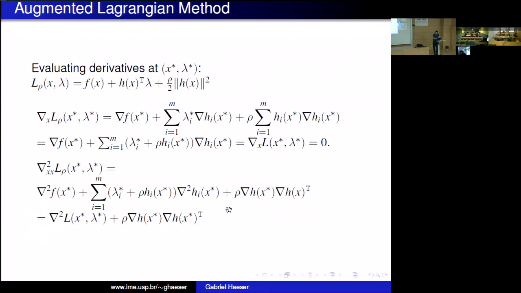And this left part here is simply 0 again. h of x star is 0. This is feasible. So this is the Hessian of the Lagrangian, the usual Lagrangian. So it's something like this. And so what we get is that the Hessian of the augmented Lagrangian has this form. It's the Hessian of the usual Lagrangian plus this term. And what we will show is that this matrix is positive definite if you take rho large enough.